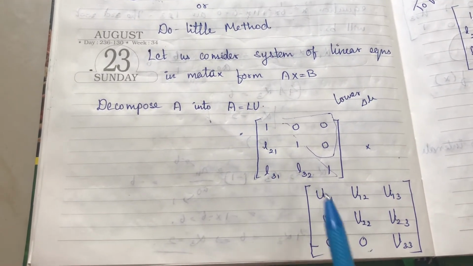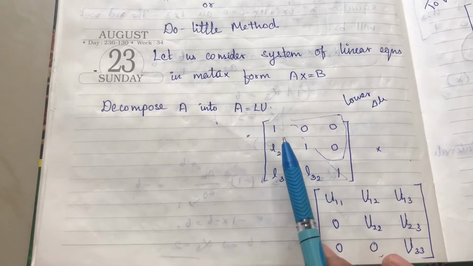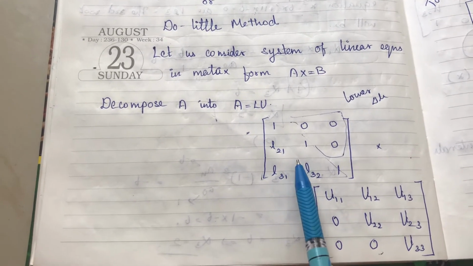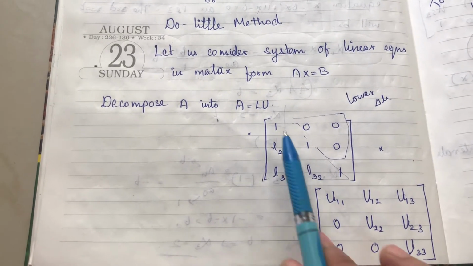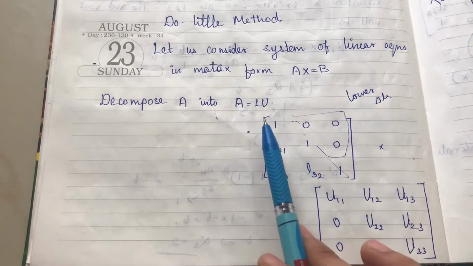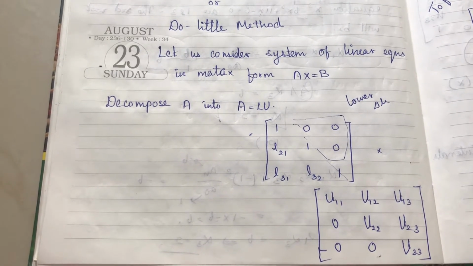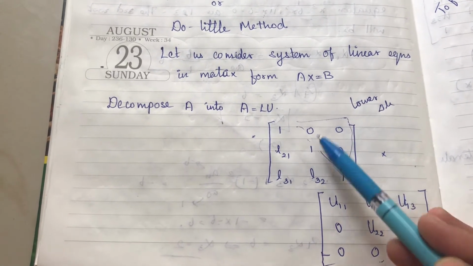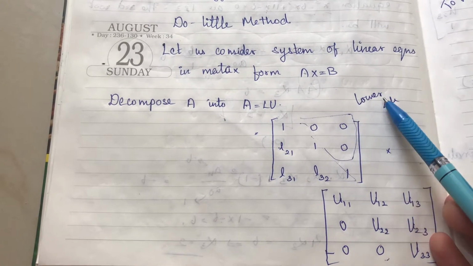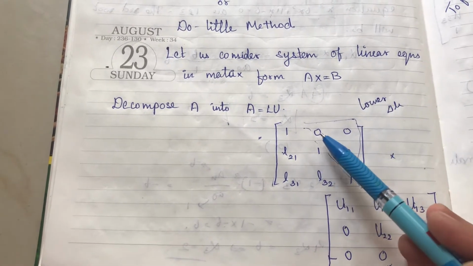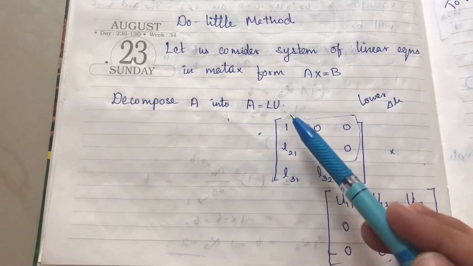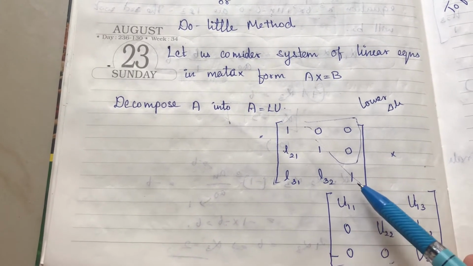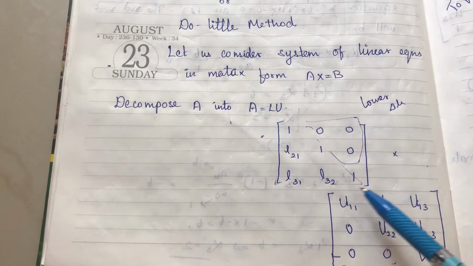In the first L matrix, we need to put one, unity, in the diagonal. That's it. And the remaining terms will be 0. As you know, a lower triangular matrix means these three terms will be 0 and the other terms will be numbers, so that's why we can easily put a triangle in the downward direction.